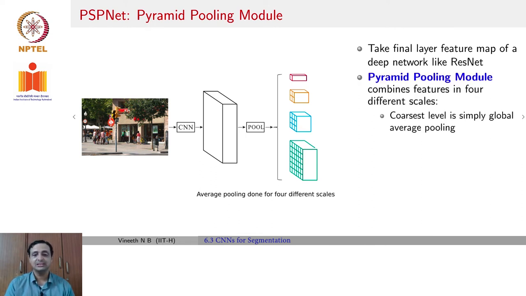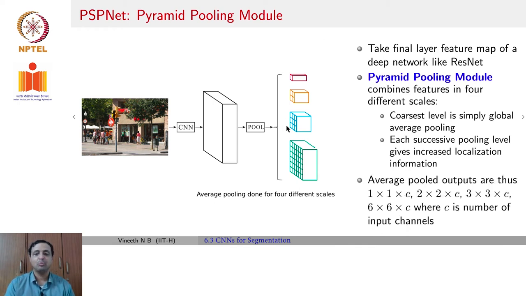What are the different scales? There is a coarse scale, which is simply a global average pooling. So this would be 1 cross 1 cross C, where C is the number of channels. And each successive pooling level gives increased localization information. So you would have your pooled outputs to be 1 cross 1 cross C. That's the global average pooling.